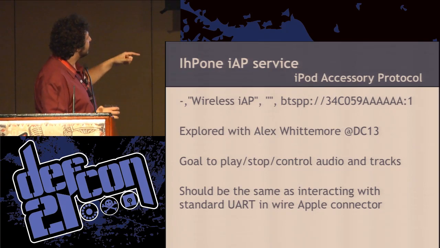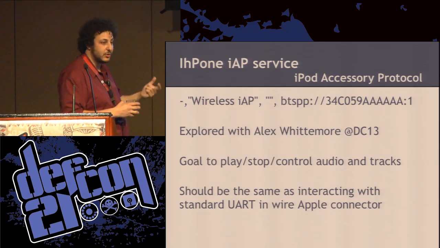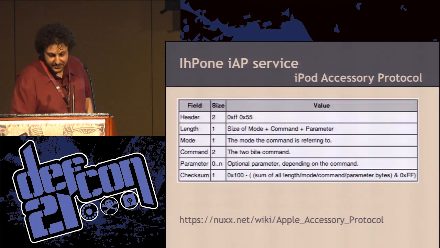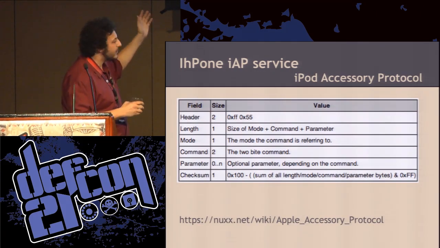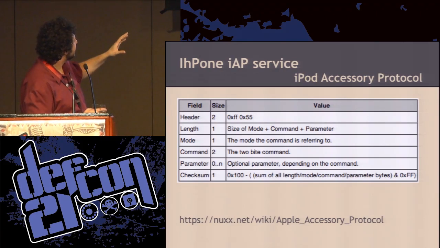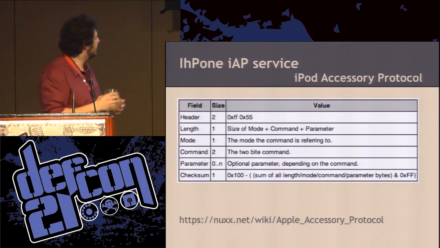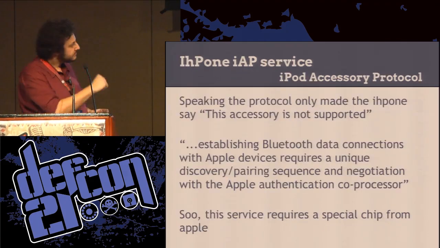And it turns out that there's a chance that it could be the same interaction as the standard UART in the Apple connectors if you just wire it up into that. So that's the hypothesis. It turns out that's the regular way you do this over the hardwire, right? This is the same packet thing for saying I want you to play, I want you to stop. So that's well documented for the hardline stuff.